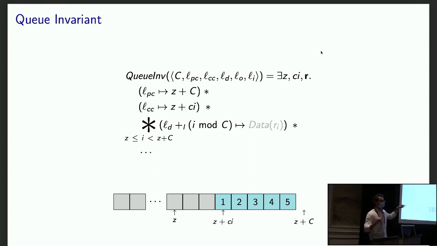That's the next slot that's going to be written into. And then the consumer counter is always pointing to Z plus the consumer index. So that's the next value to be read. And then for everything between the Q base and the producer counter, we specify what data should be in that slot according to the ribbon state.